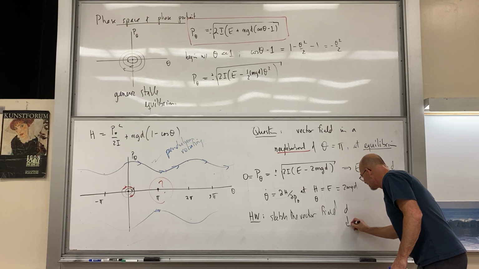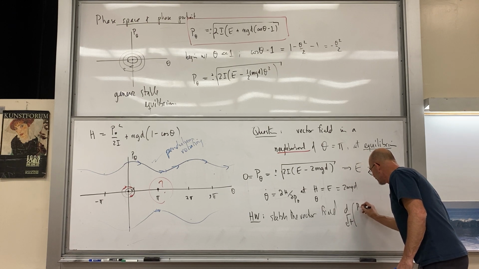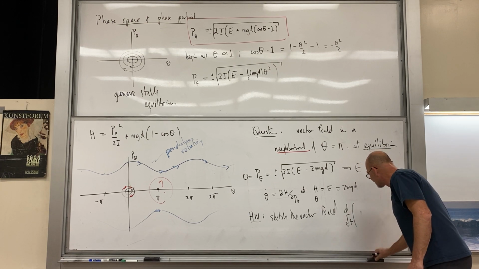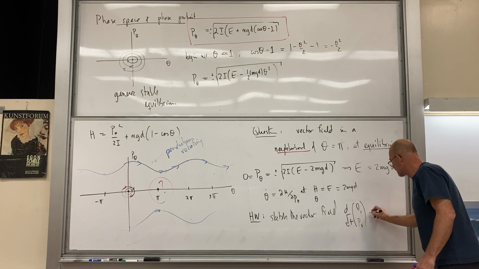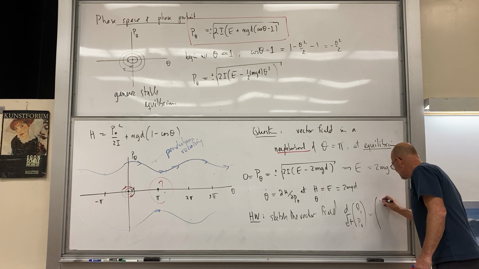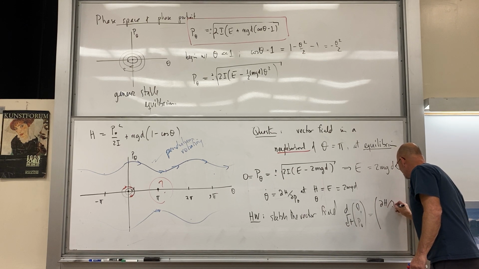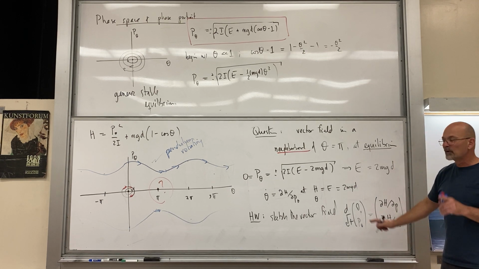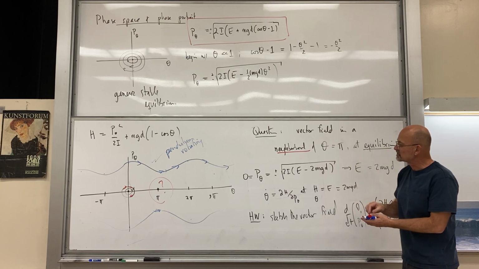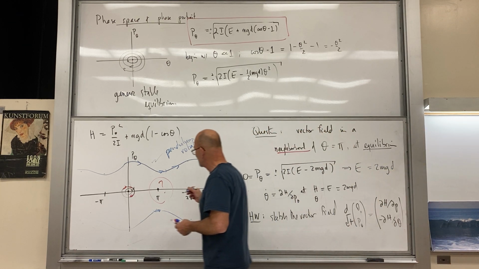I'm going to write d/dt of v sub theta equals P minus dH/d theta.